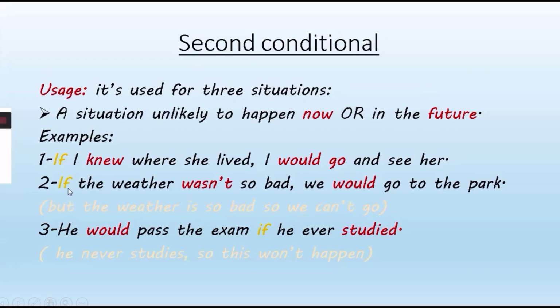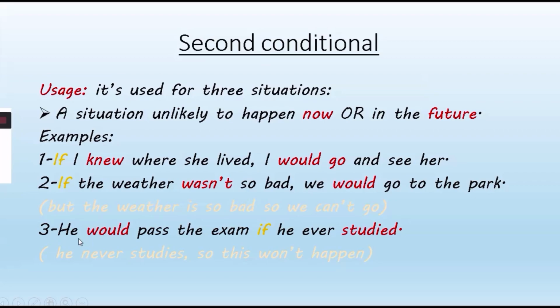Number 2, if the weather wasn't so bad: the weather is the subject, wasn't is the verb. The tense, notice. Let's move to the next one. We would go to the park. And would, again, followed by the base form of the verb. Lastly, he would pass the exam. Notice here, I switched.